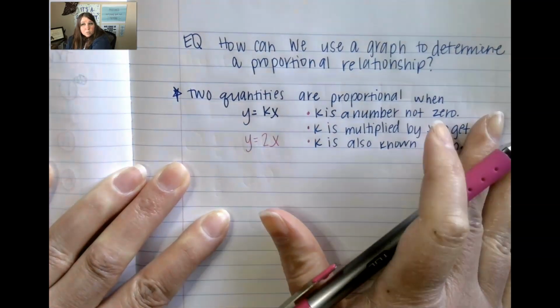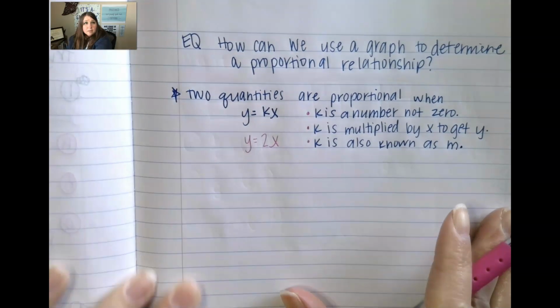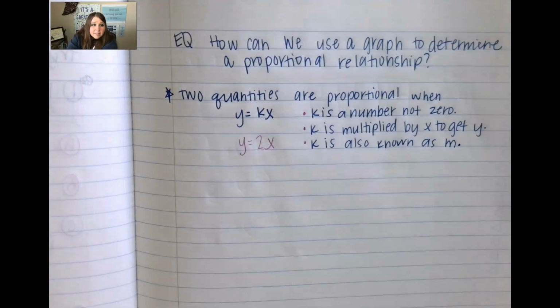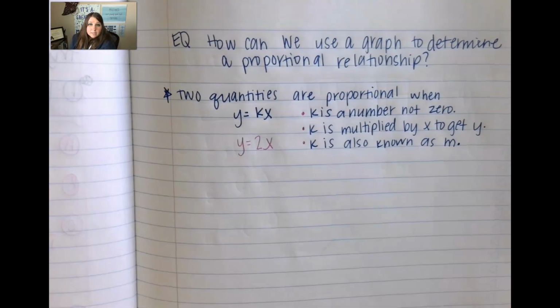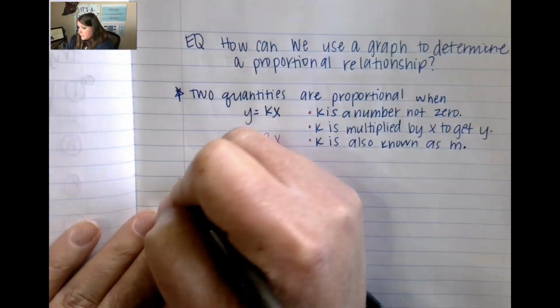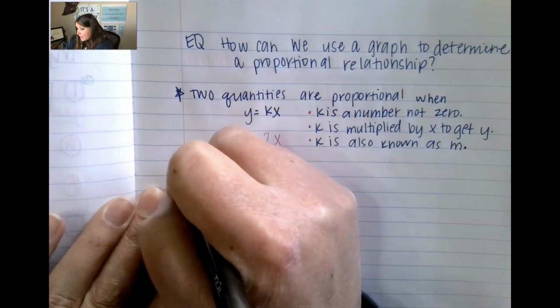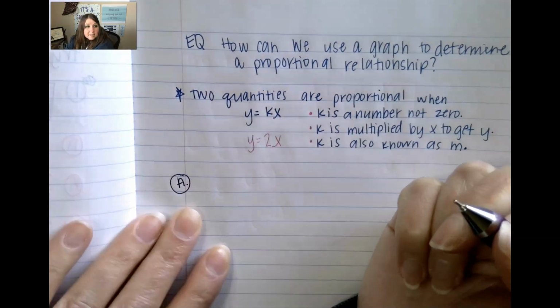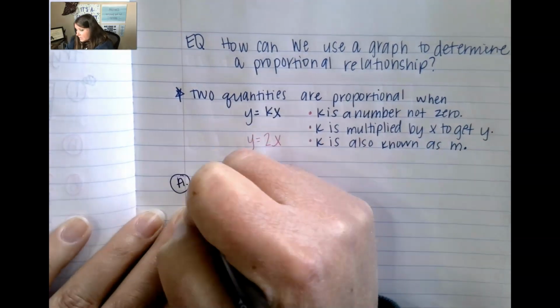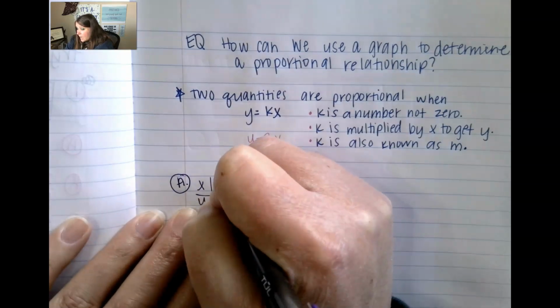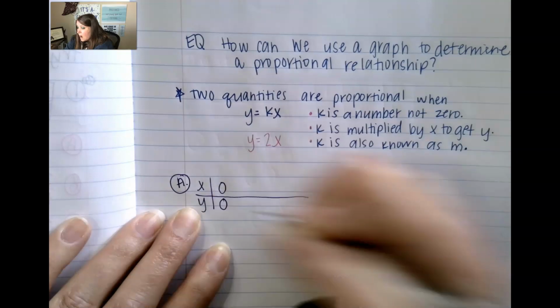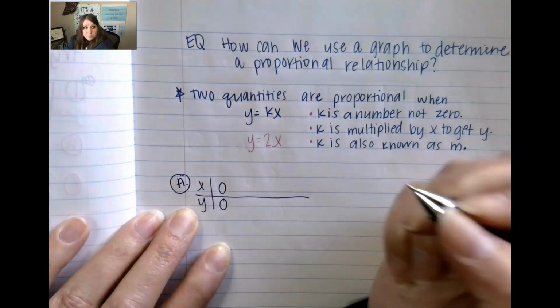Let's take these words now and we'll look at what they look like when they're in a table, and then hopefully this will make a little bit more sense to you. So let's look at example A. Okay, in example A, I have x and y values. It says that when x is 0, y equals 0.